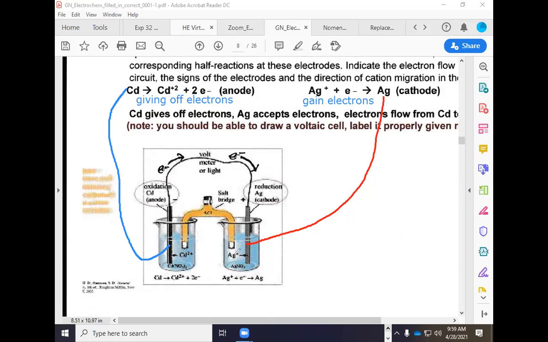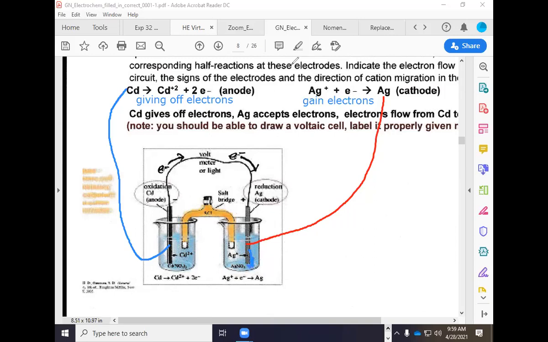Or actually, I'm sorry, the ions would be gaining the electrons. And then what would happen is the silver ions in the silver solution would gain electrons, and then you would start to see crystals of the silver forming on here.